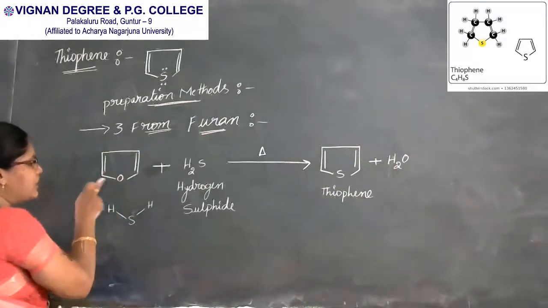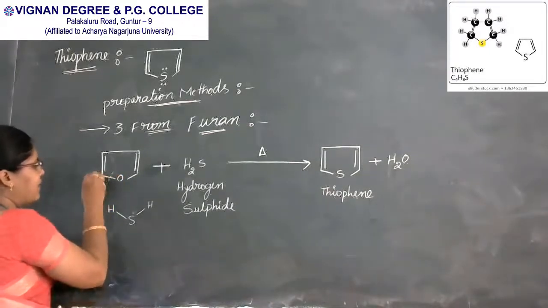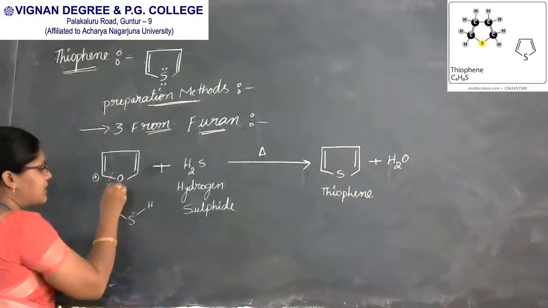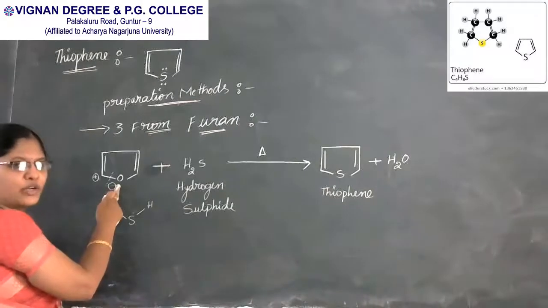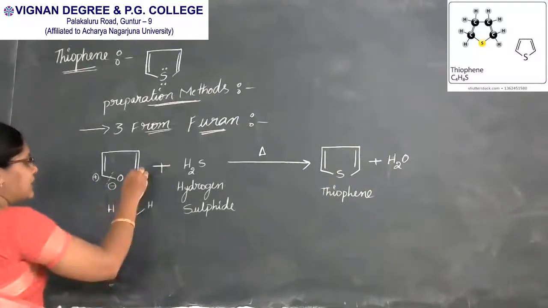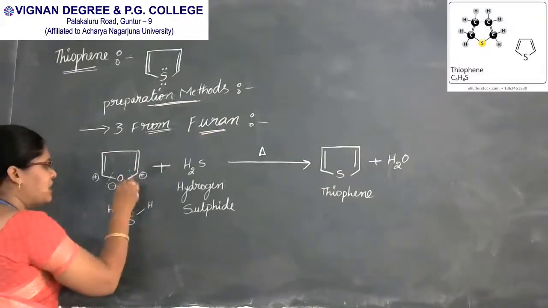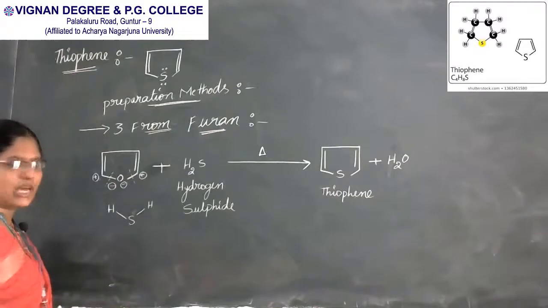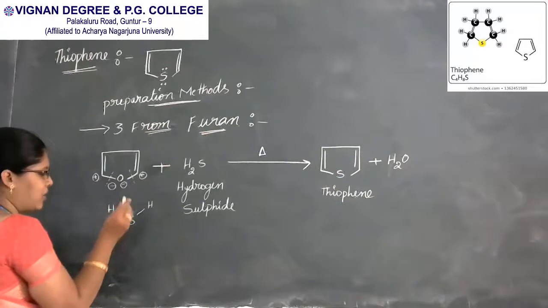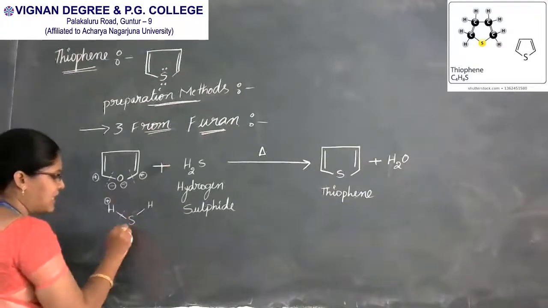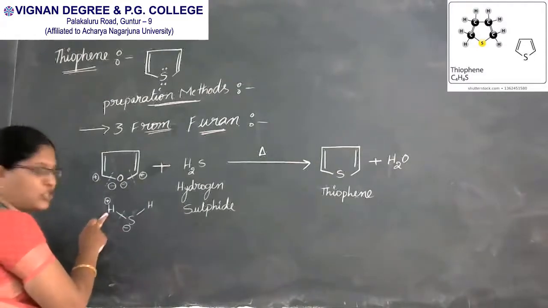The bond between oxygen and carbon breaks; carbon gets a positive charge and oxygen gets a negative charge, because the oxygen atom is more electronegative than the carbon atom. This other bond also breaks, and carbon gets a positive charge and oxygen gets a negative charge. The bond between sulfur and hydrogen breaks; hydrogen gets a positive charge and sulfur gets a negative charge, because sulfur is more electronegative than hydrogen.